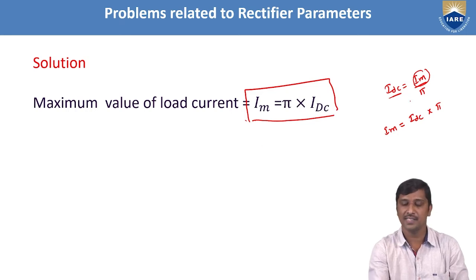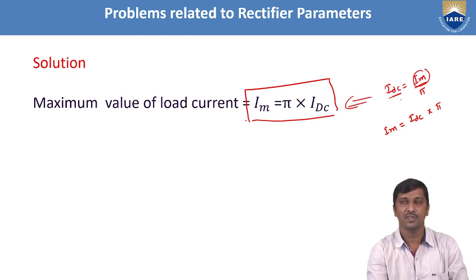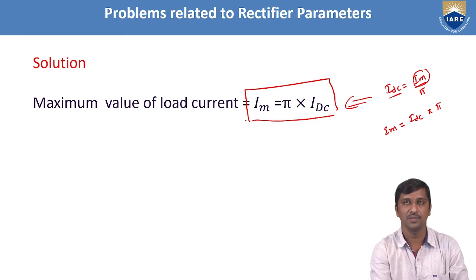Based on the half-wave rectifier analysis, DC current is Im by pi, so Im is equal to pi times your IDC value.